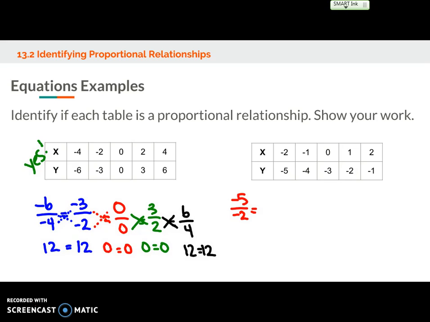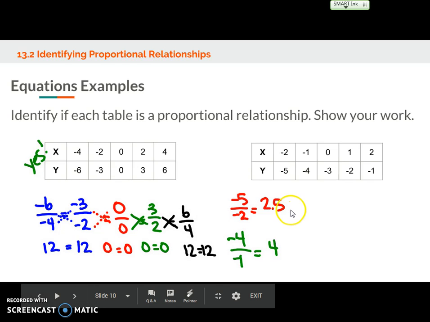All right, so then in your calculator, I would take -5 divided by -2, and I would get 2.5. On the next one then, I took -4 divided by -1, and I got a +4. Ooh, but look.